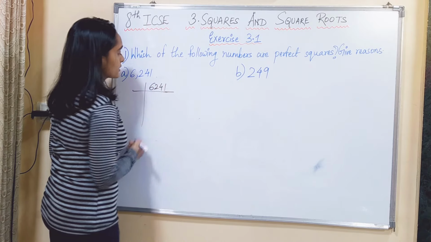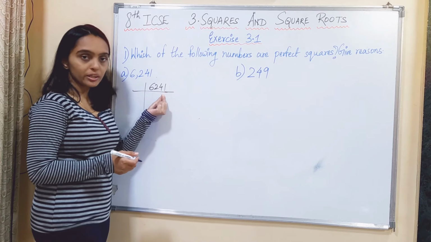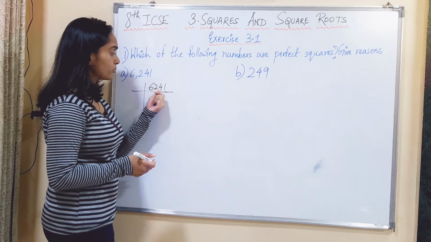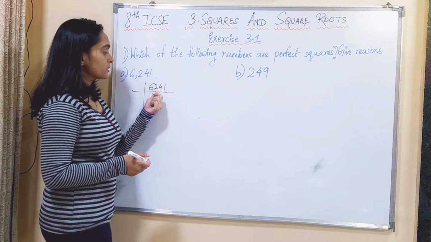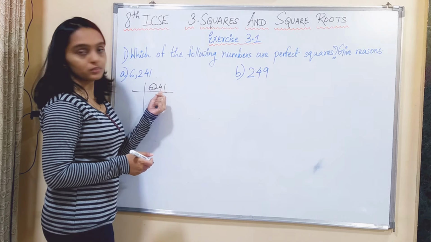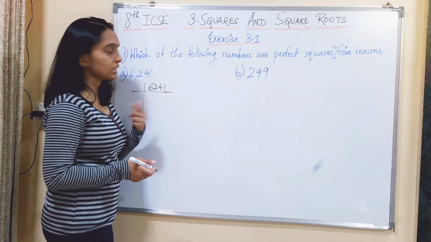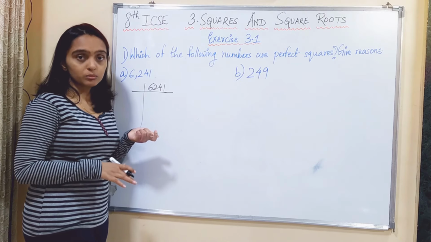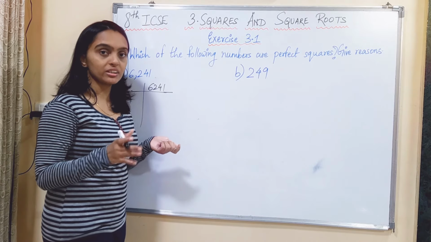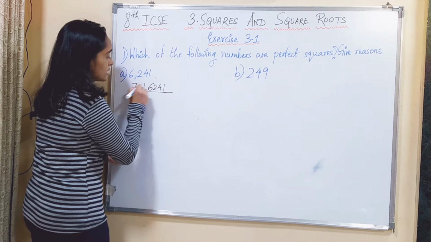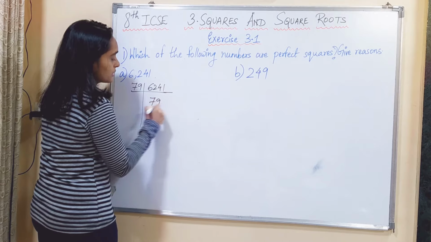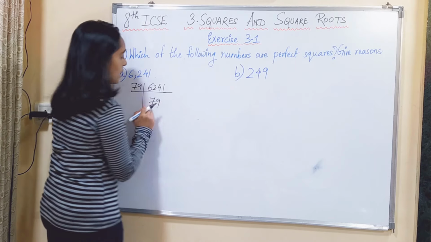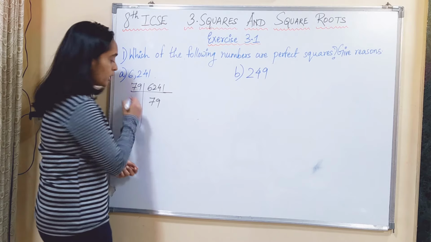Prime factors of 6241. It is not divisible by 2. Then 6 plus 2 plus 4 plus 1 is 13, so it is not divisible by 3. This number is directly divisible by 79. 79 times 79 is 6241, and 79 is a prime number.